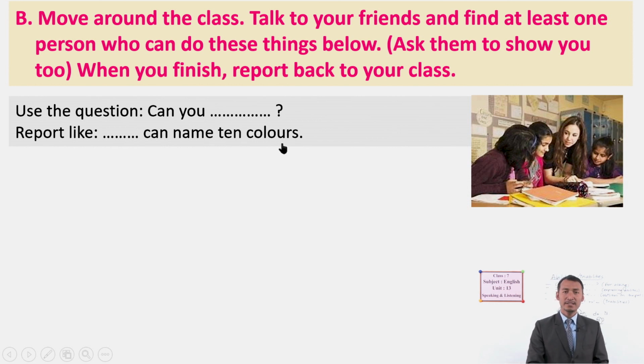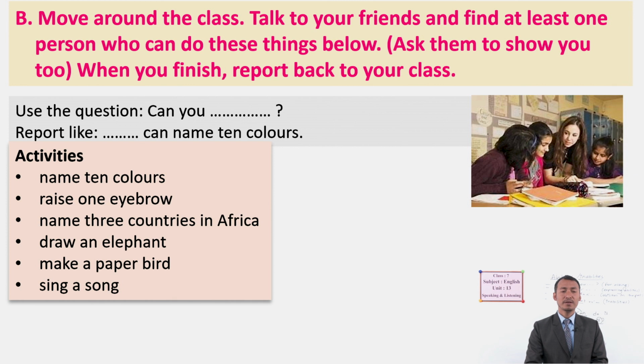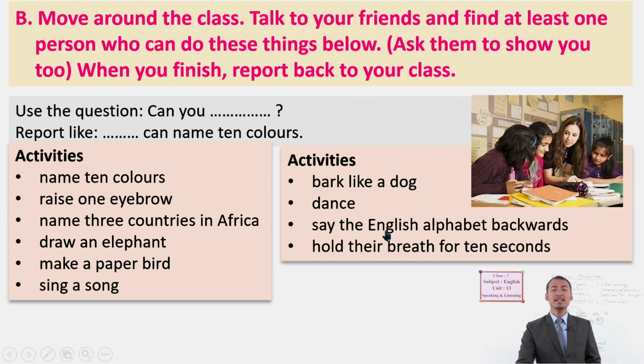Let's see the list of the things that you are going to ask for. For example, activities are given here. Name 10 colors, raise one eyebrow, name 3 countries in Africa, draw an elephant, make a paper bird, sing a song, bark like a dog, dance, say the English alphabet backwards, hold their breath for 10 seconds.